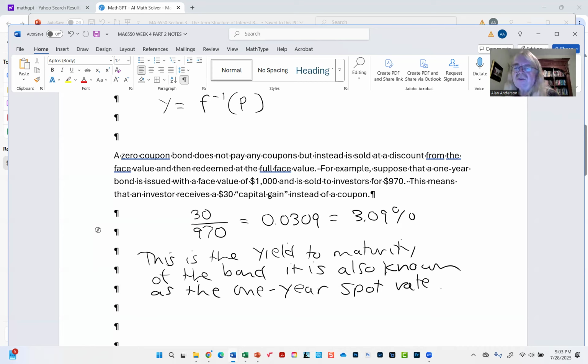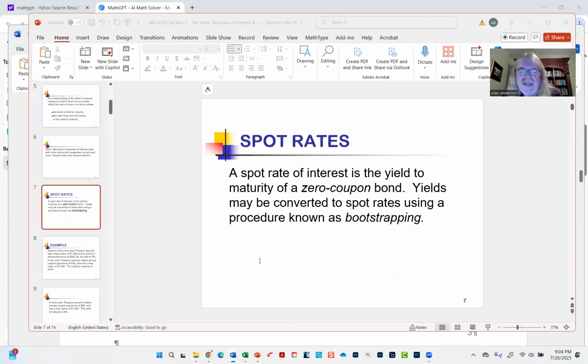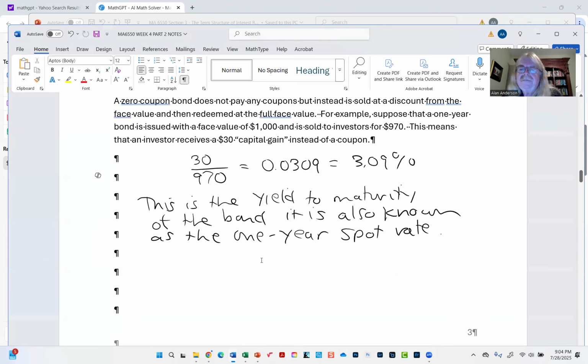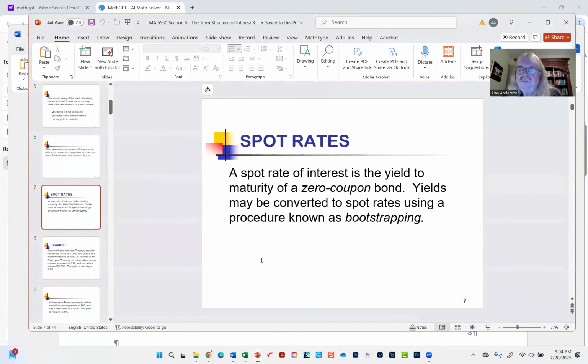So it's a yield, but it's also the actual rate of return you're getting. So this is what you get with zero coupon bonds. And so the name is different. It's called a spot rate. The 1 year spot rate is that 3.09%. And now we can find these spot rates through a process called bootstrapping, which means you're using the information contained in the yield curve. And each maturity can be used to derive the spot rate for the next maturity.